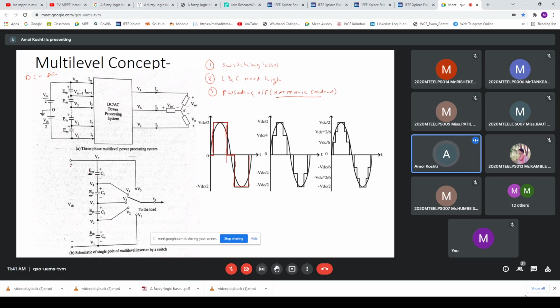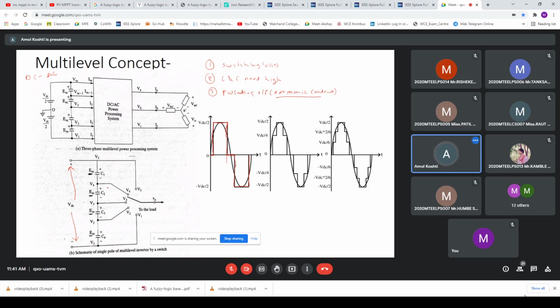You see our total input voltage is VDC. The capacitors are connected here. How many capacitors we have to connect depends on how many output levels we want at the end of the inverter, which we will see in the particular topology.